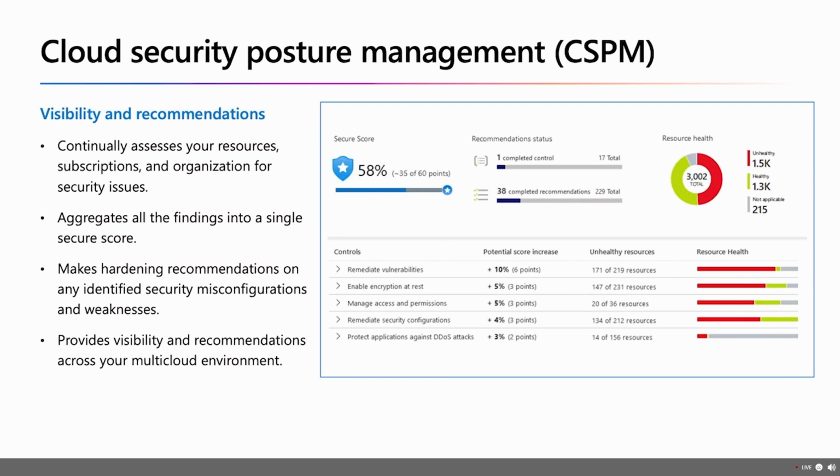Each control is a logical group of related security recommendations and reflects your vulnerable attack surfaces. Your score only improves when you remediate all of the recommendations for a single resource within a control. Use these security recommendations to strengthen the security posture of your organization on Azure, hybrid, and multi-cloud resources.